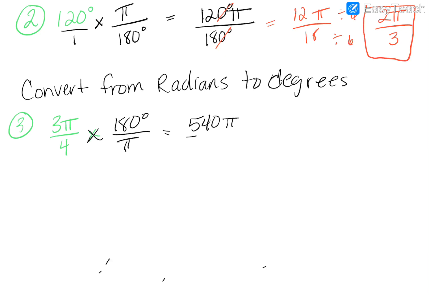Tag on the pi, and then 4 times pi is just 4 pi. The pi's end up canceling out, and then 540 divided by 4 gets you 135. And you're left with 135 degrees.